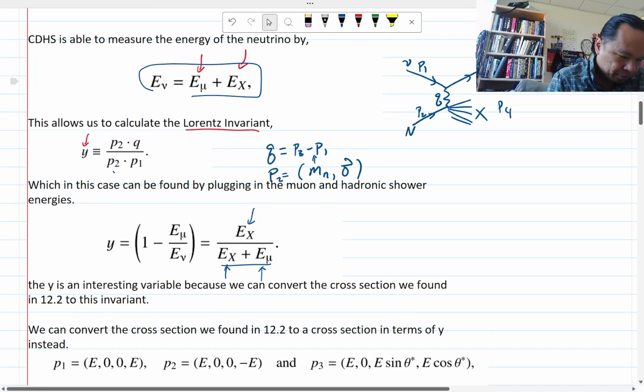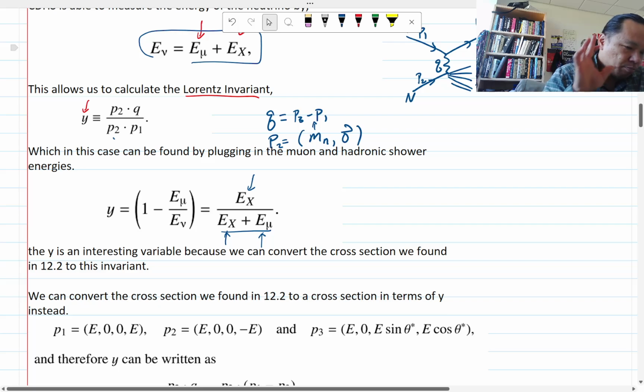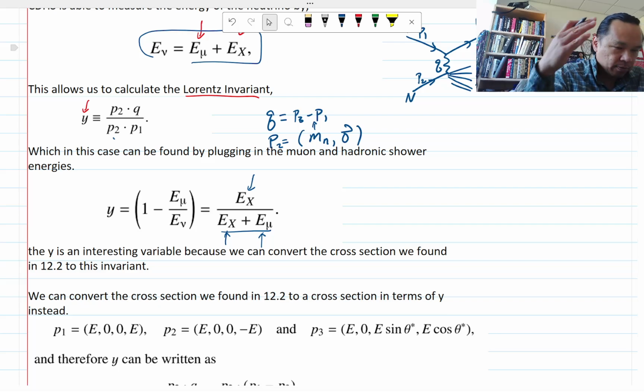So this allows us to measure things in an experiment that tells us exactly what this is. Remember, this is called the inelasticity parameter.